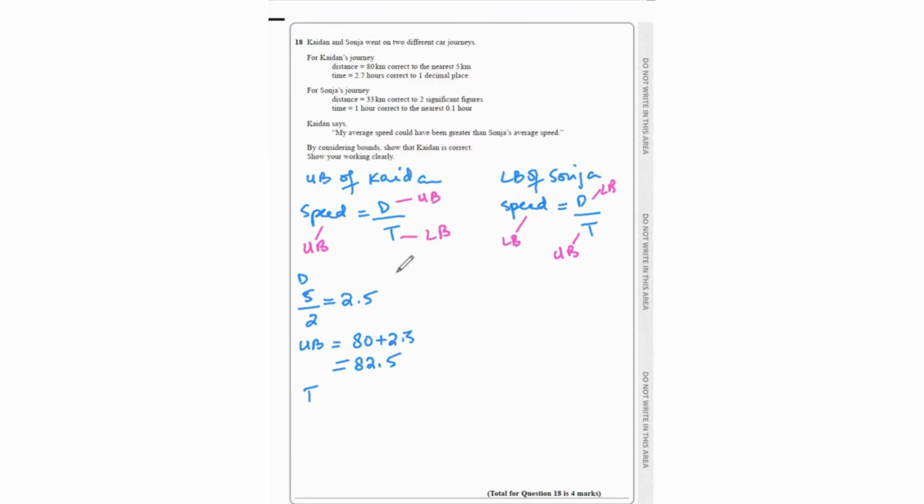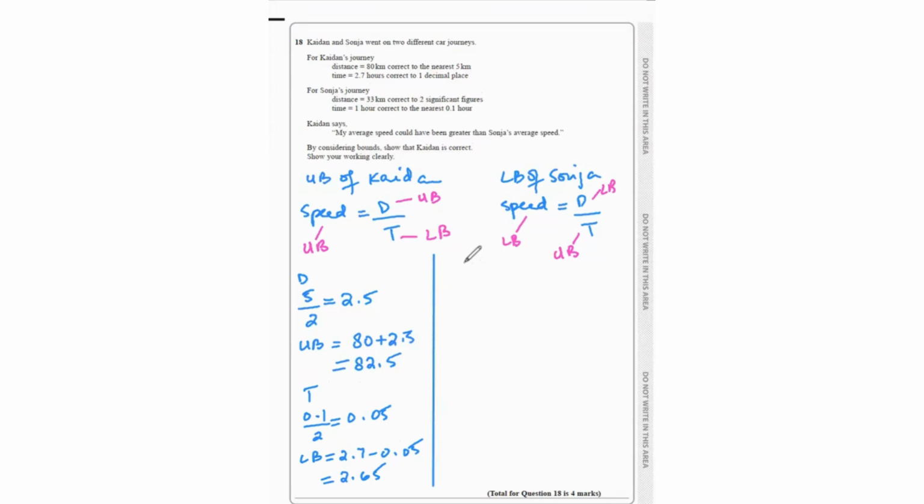Now for time, it's 2.7 hours, correct to one decimal place. So 0.1 divided by 2 is 0.05. The lower bound is going to be 2.7 minus 0.05, which is 2.65. Well, let me separate this over here.